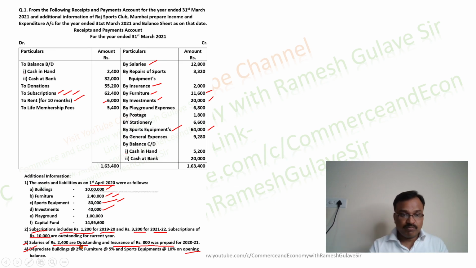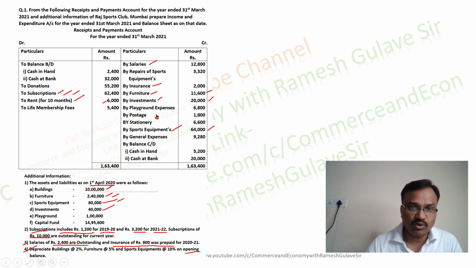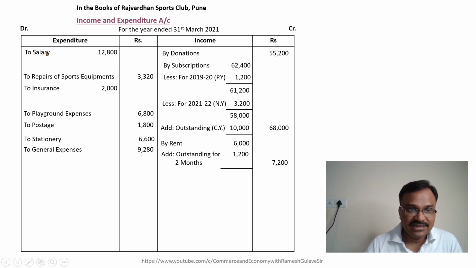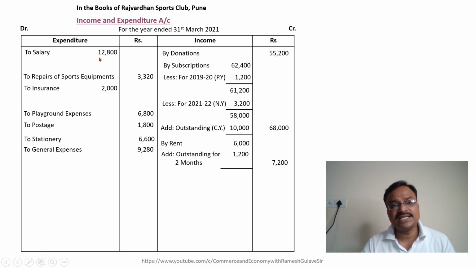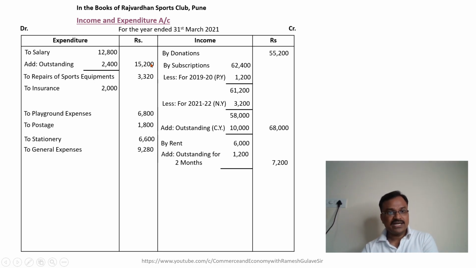Okay. So the first part of the adjustment is related to the outstanding salary, which is 2,400. So here we have to add this 2,400 in the salary. Here we have recorded the salary in the inner column 12,800 plus outstanding salary 2,400, 12,800 plus 2,400, 15,200 in the outer column, right? This is the first effect of outstanding salary.